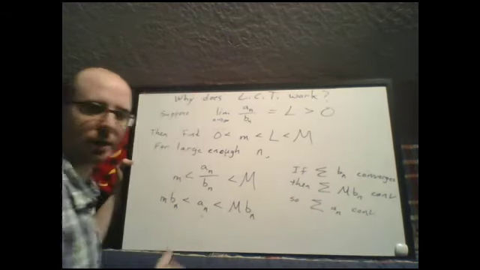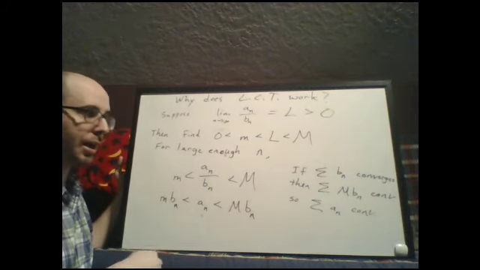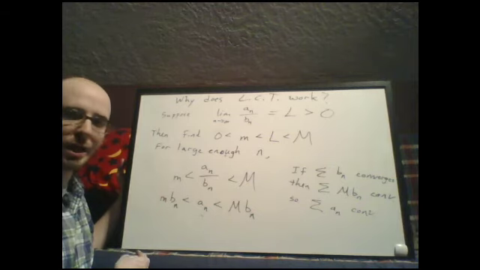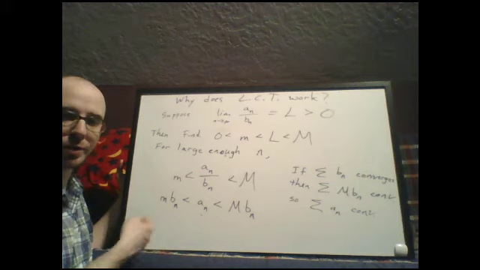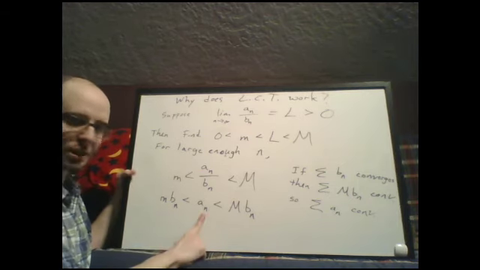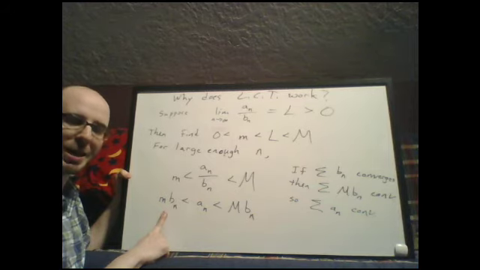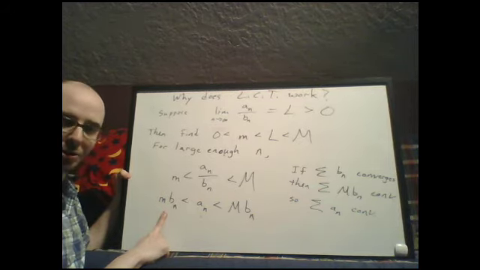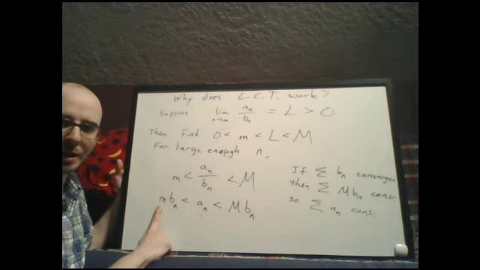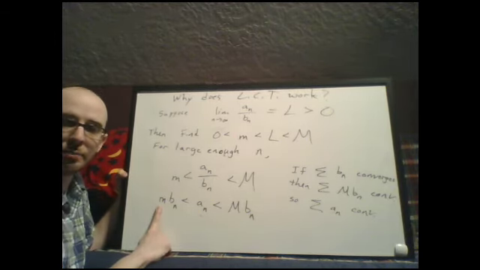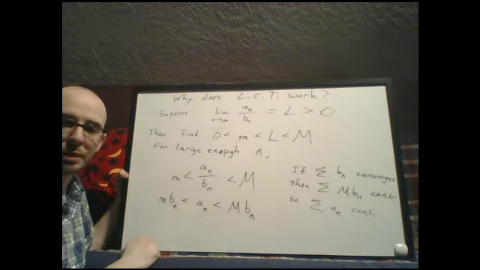That's just by an ordinary comparison. So that says if bn converges, an converges. If we knew for a fact that an converges, then little m bn also converges because it's smaller than an. But then I can just divide that series by little m, and I can say that the summation of bn converges. So if one of these two converges, the other one has to converge.